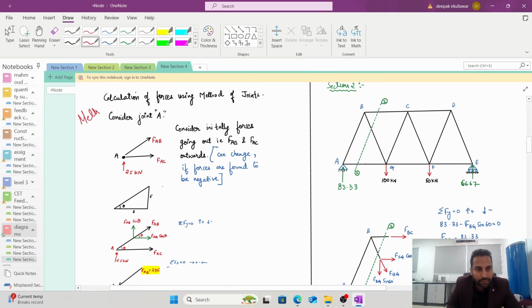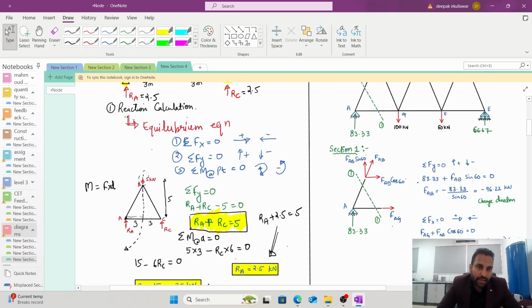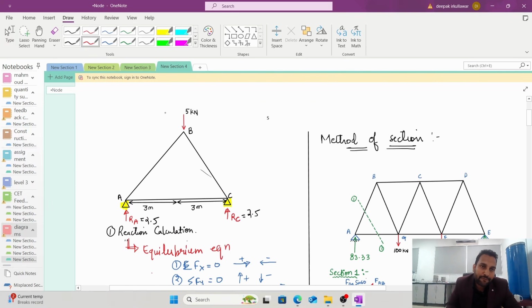Now in this process, what you are supposed to do is first select any one of the joints. Now here, if you see, we have 3 joints. One is joint A, another is joint B, and another is joint C. So I will take joint A first. If I take joint A, what all forces are acting on this joint A? On joint A, I have a force of Ra, which is 2.5 kilonewton.